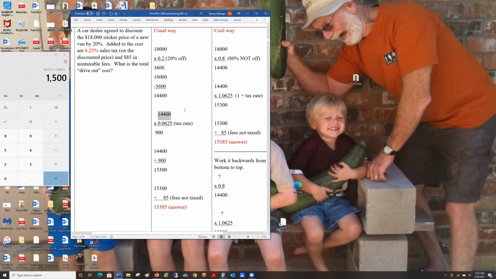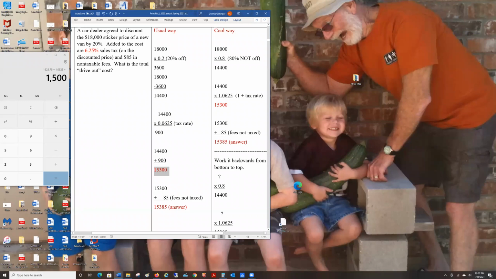And when you change that to a decimal, instead of being 106.25, it's going to be 1.0625, 1 plus the tax rate as a decimal. And you do that on your calculator, and you get 15,300 right away. Now, and looky here, it's way down here, same number. That's cool.